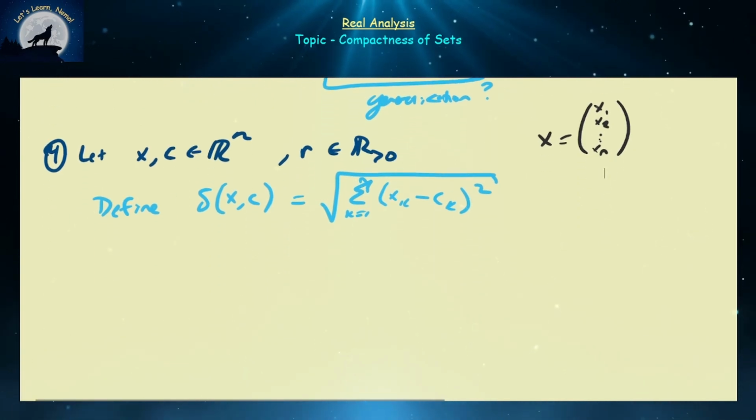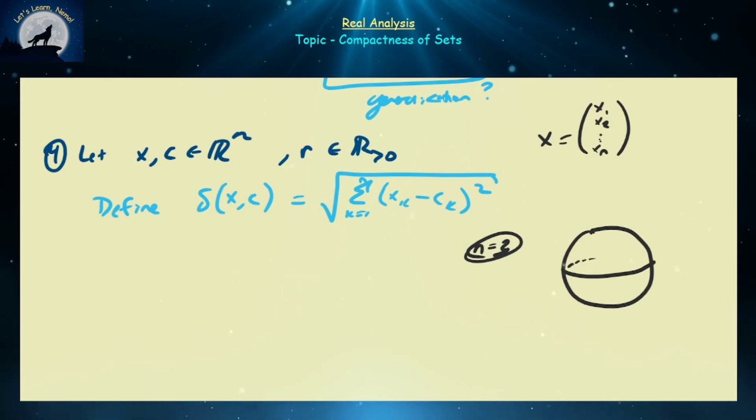So if we take, for example, n equal to 3, then what you're actually going to have is potentially a sphere. So if we take a point in the middle, let's call that c, that's the center of the sphere, and we take an arbitrary point on the surface of the sphere, let's call that x, and let's consider the distance between c and x to be equal to r.